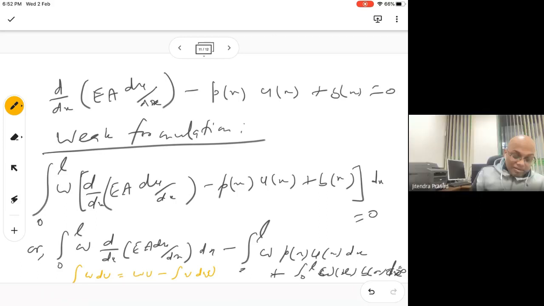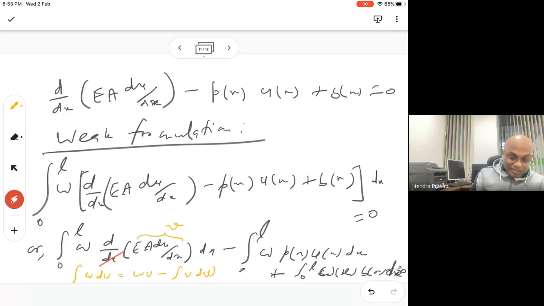Now here, what is the trick? You have dx here, you have dx here, cancel them out. You will have w d(EA du over dx), that's it. So this multiplied by this is this one, so this is your v. Why?